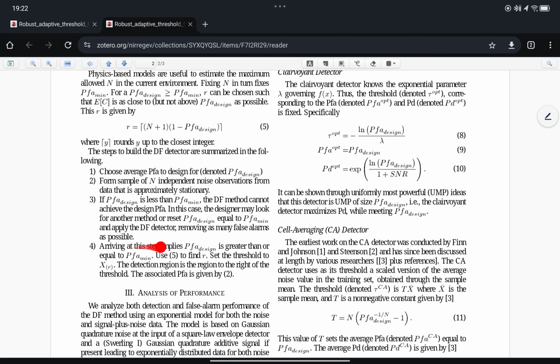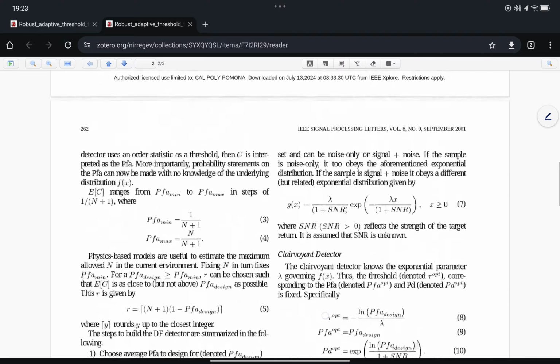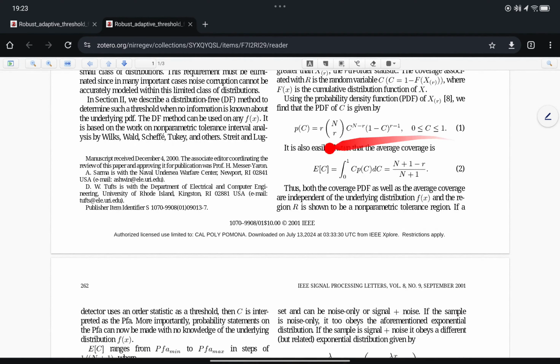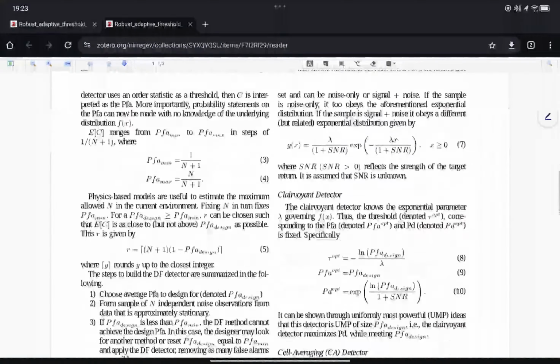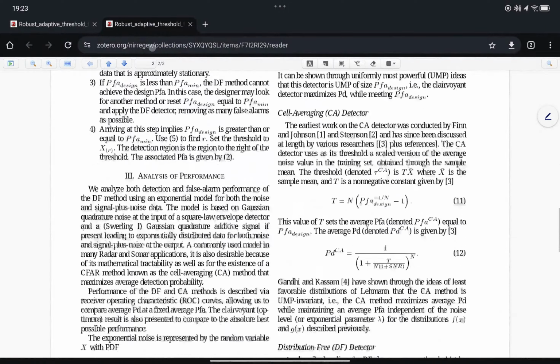The last step implies that PFA design is greater than or equal to PFA min. Use equation 5 here to set the threshold r, or x sub r. The detection region is the region to the right of the threshold. The associated PFA is given by equation 2, which is this expected value, so this will be the mean expected value.